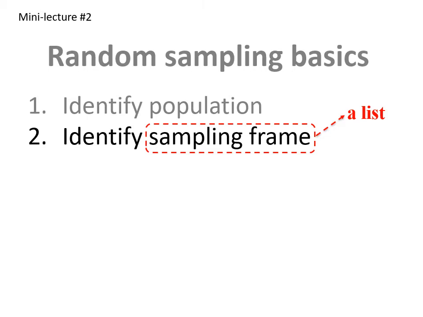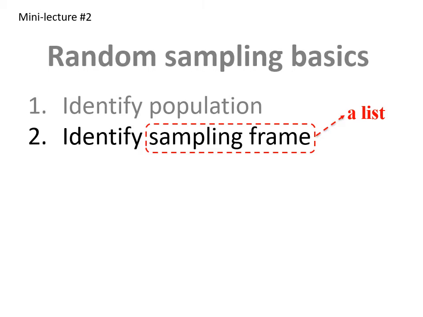In Canada, I don't believe there's quite the same thing. But there are often lists. So let's say you work for a company and you have a list of all your clients. That list could be a sampling frame that you then randomly sample from.